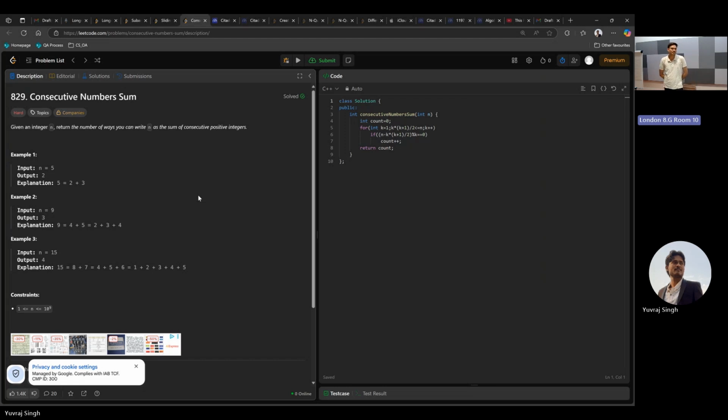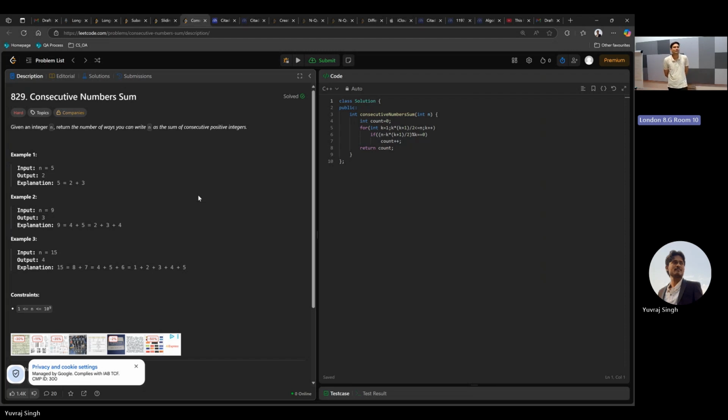9 can be written as 4 plus 5, or 2 plus 3 plus 4, or just 9. Similarly, 15 can be written as 8 plus 7, 4 plus 5 plus 6, 1 plus 2 plus 3 plus 4 plus 5, and just 15. So there are four possible outputs for this case.